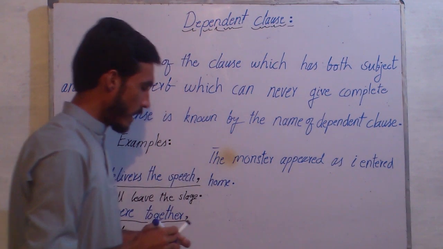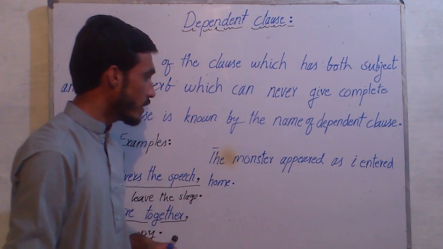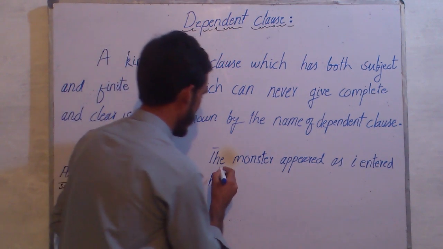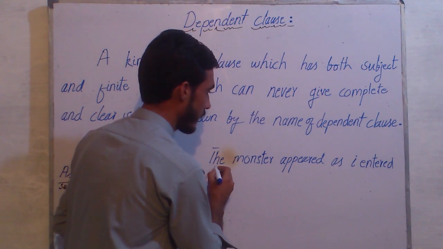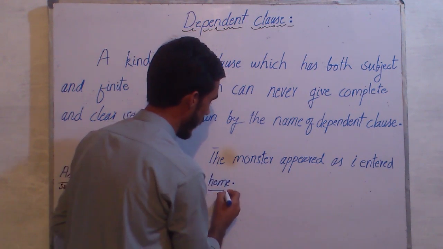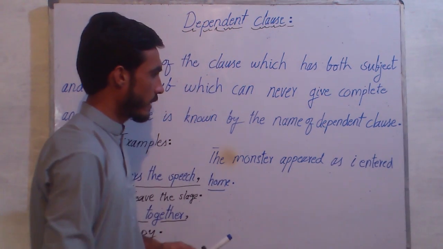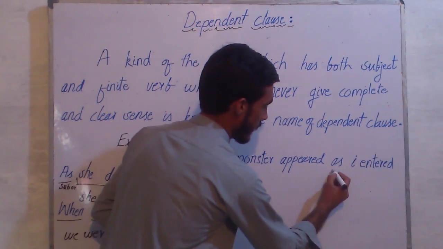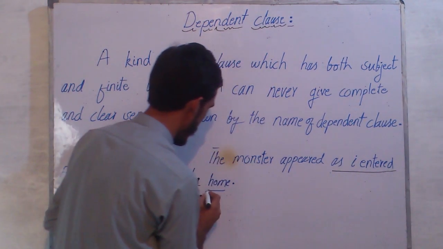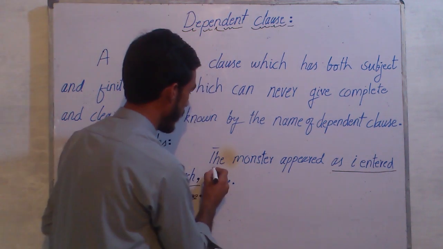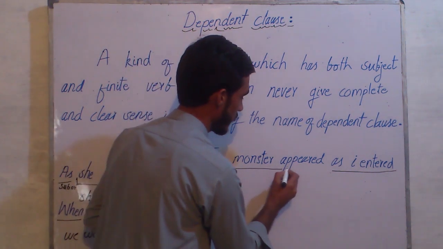Full stop. Now remember, in this case we don't put a comma because now the subordinating clause or subordinate clause is in the end. We will mark it by this one. The independent clause comes first, then the dependent clause.